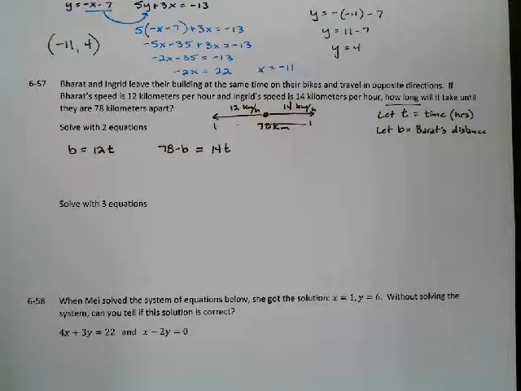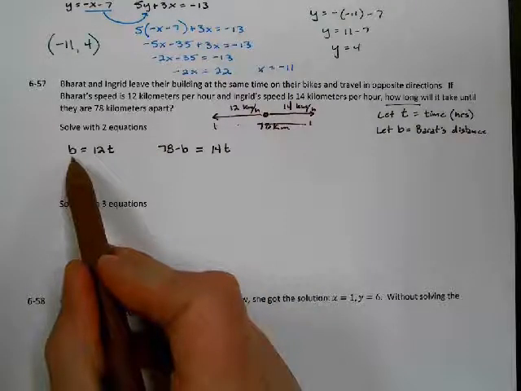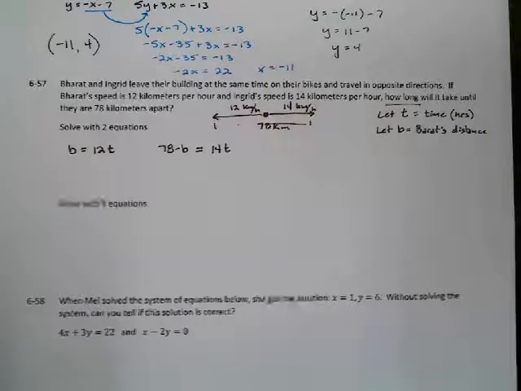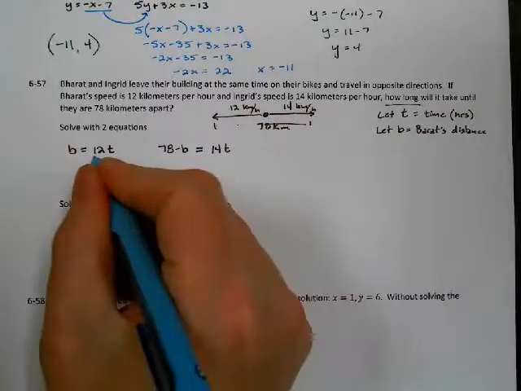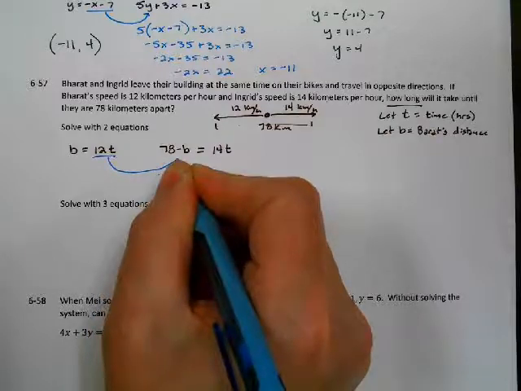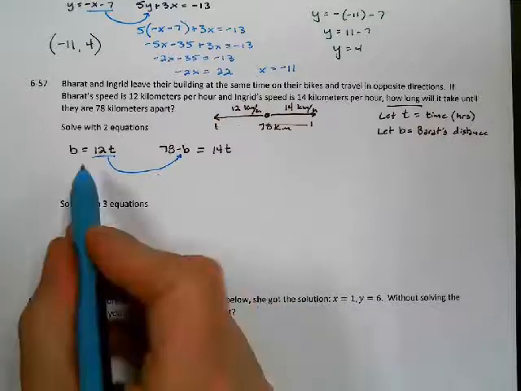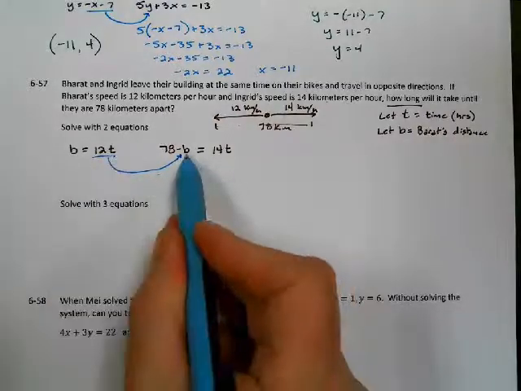We already have a variable that is isolated. So what we can say here is that 12t can substitute for b over here, because b is equal to 12t. So instead of b right here, I can plug in 12t.